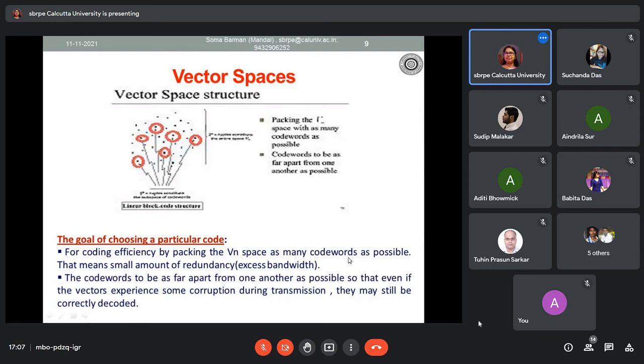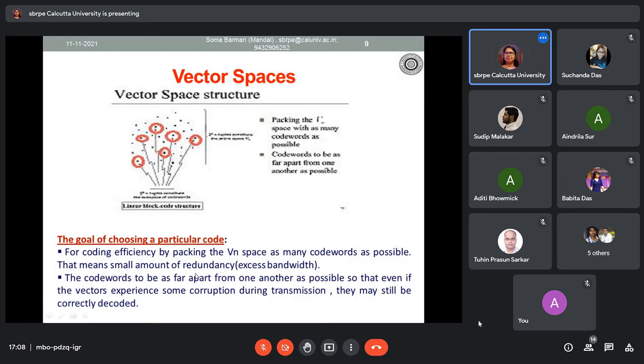That means you add a small amount of redundant bits. As we are considering 2 to the power 3, that means 3-bit message sequences are converted into 2 to the power 4, so the length of the code word is 4.